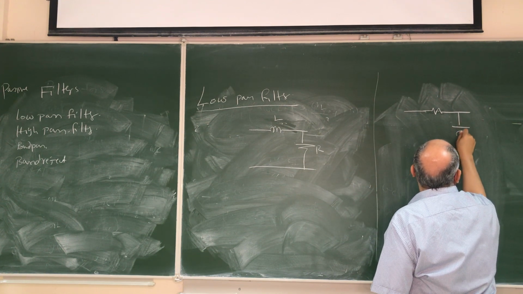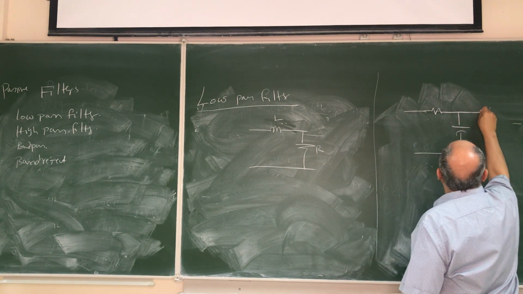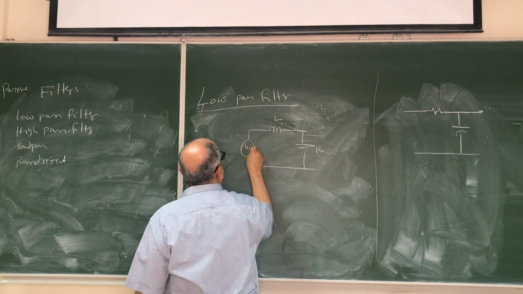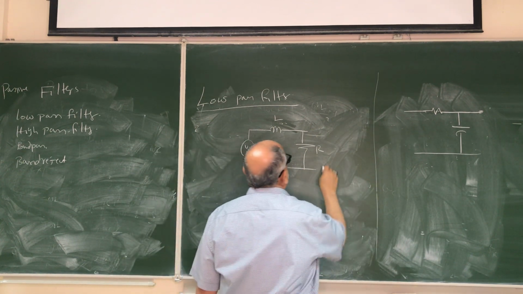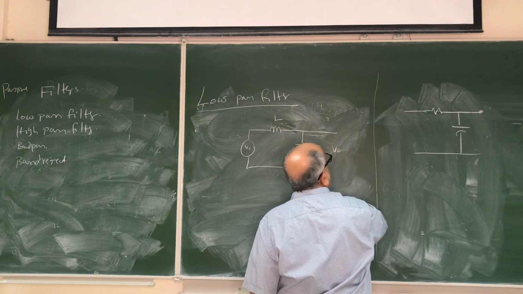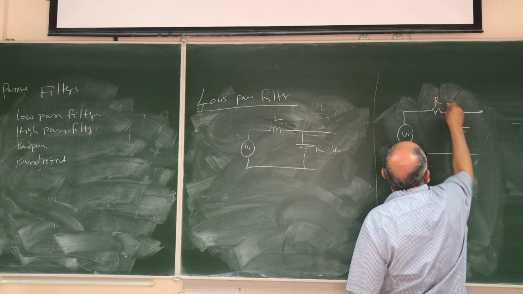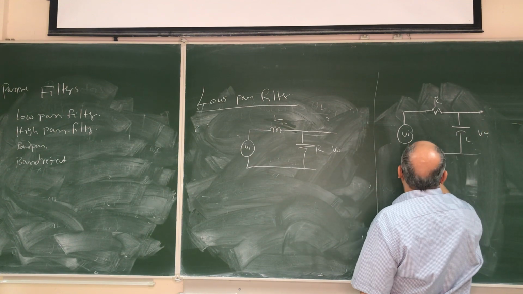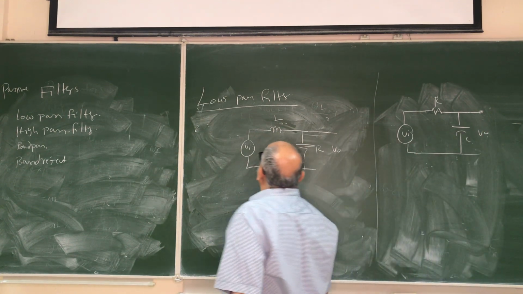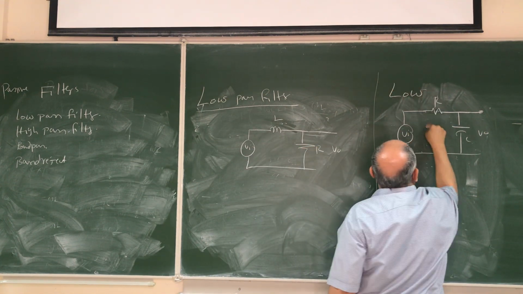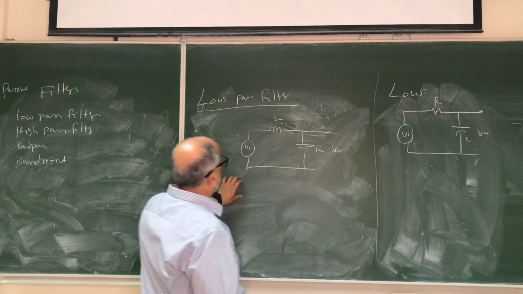This is your input VI, which should be a sine signal or whatever, and this is your V out. Same thing here: this is VI, RC, and that's V out. So this is a low pass, and this is also low pass, but in one we are using RC, and in the other we are using RL.